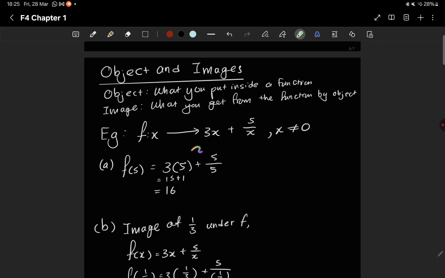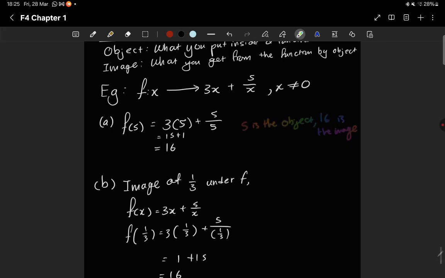So all we have to do is simply sub in our object, which is 5, into the equation, and we'll be given an image, which is 16. The 16 here is our image, what we get from the function. The 5 is the object. Our 16 is the image. Alright?